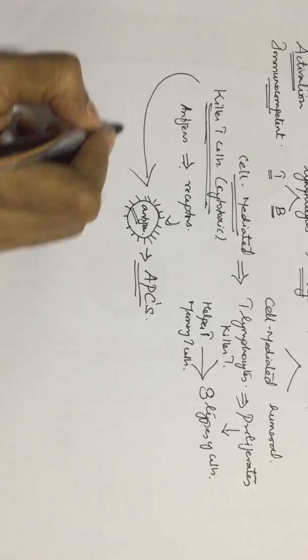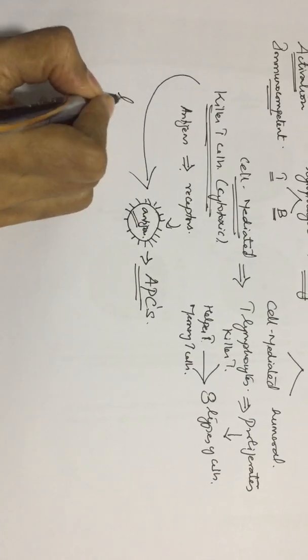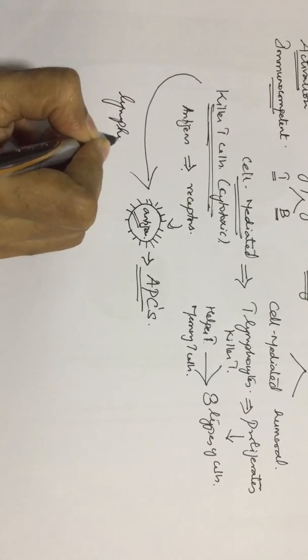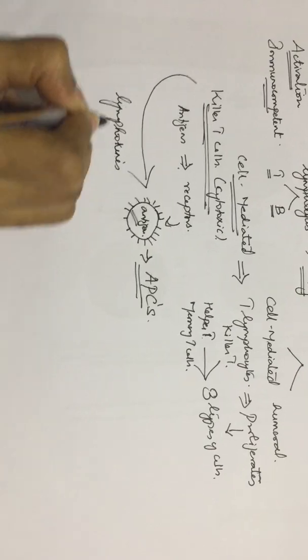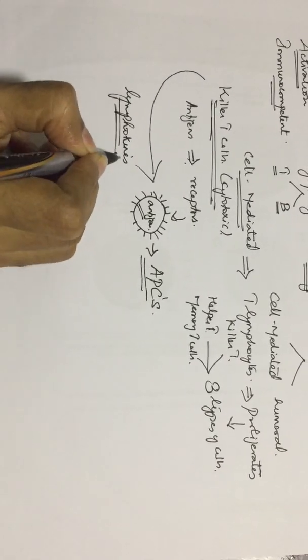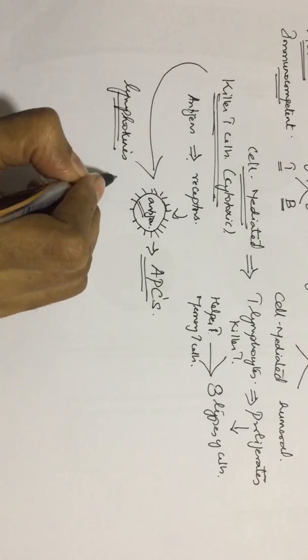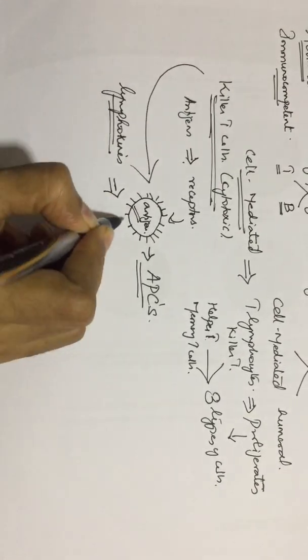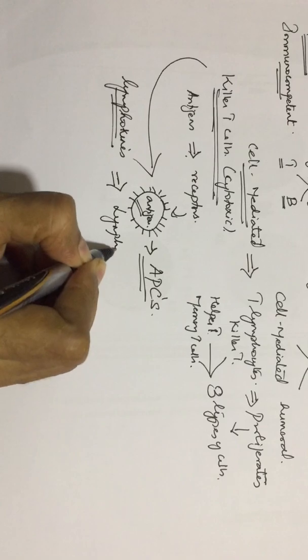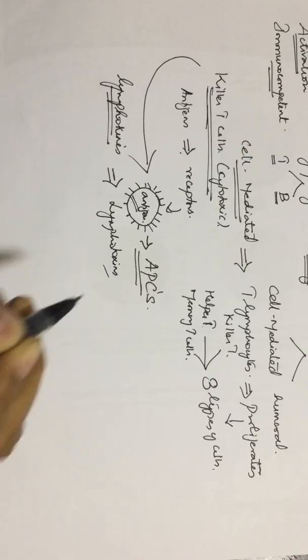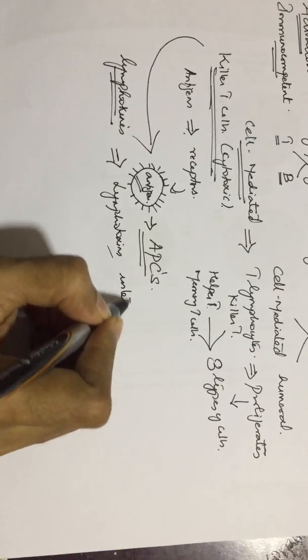This destruction of the antigens takes place through substances called lymphokines. So the activities of the killer T cells are mediated through lymphokines. Some of the lymphokines are lymphotoxins and also interferons.